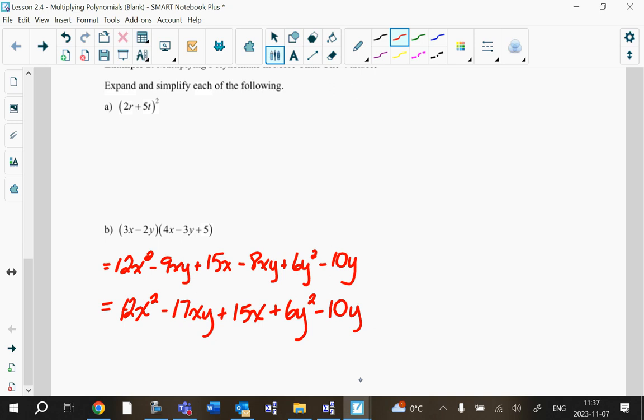If you wrote negative 17yx, that's still right. What if it was negative 9xy and negative 8yx? Well, those are the same because they both have xy's in them. So you can either write it as negative 17xy or negative 17yx. Okay?